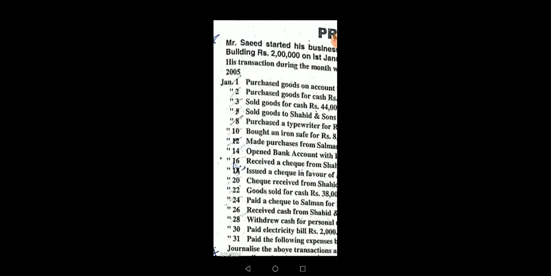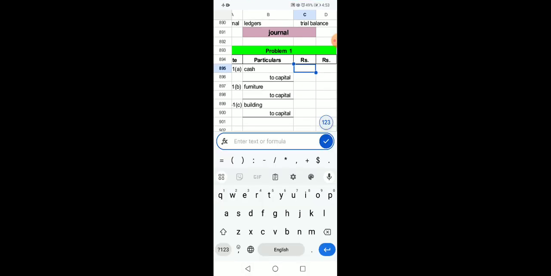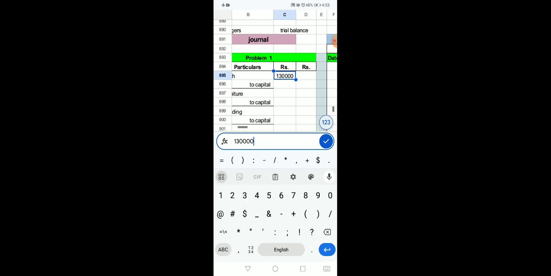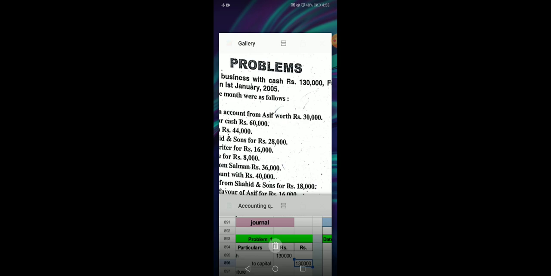Okay, the amounts are missing. The very first amount was cash, 130,000, so you are supposed to write 130,000 on the debit side, and the same amount will be put on the credit side. Cash is completed.